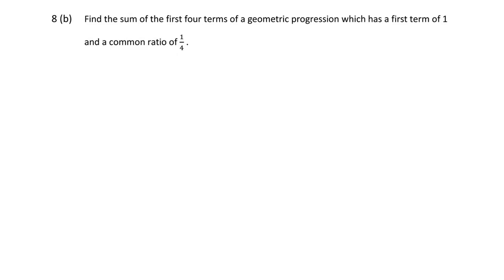Part B of the question: find the sum of the first 4 terms of a geometric progression which has a first term of 1 and a common ratio of 1 over 4.